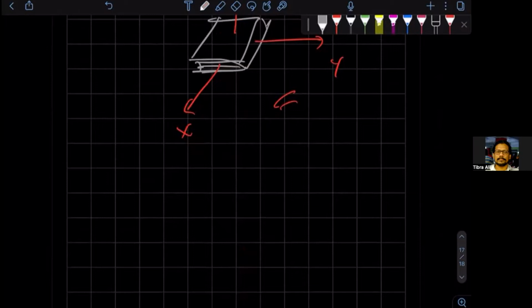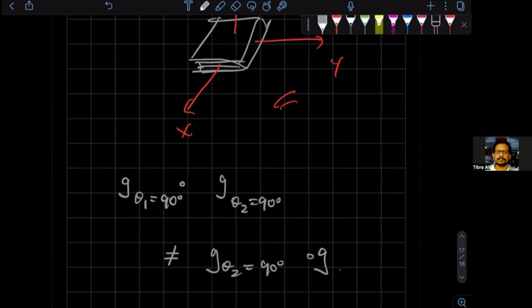Okay, so you can do the same thing mathematically: if, for example, you take theta 1 equals 90 degrees and theta 2 equals 90 degrees rotation, and compose them, that is not going to be this composition, right? So that's basically mathematically you can show that.